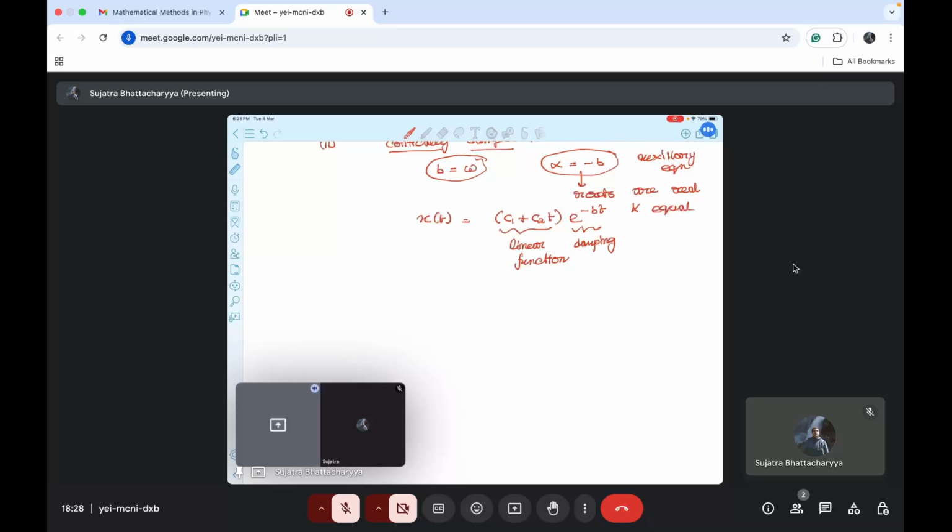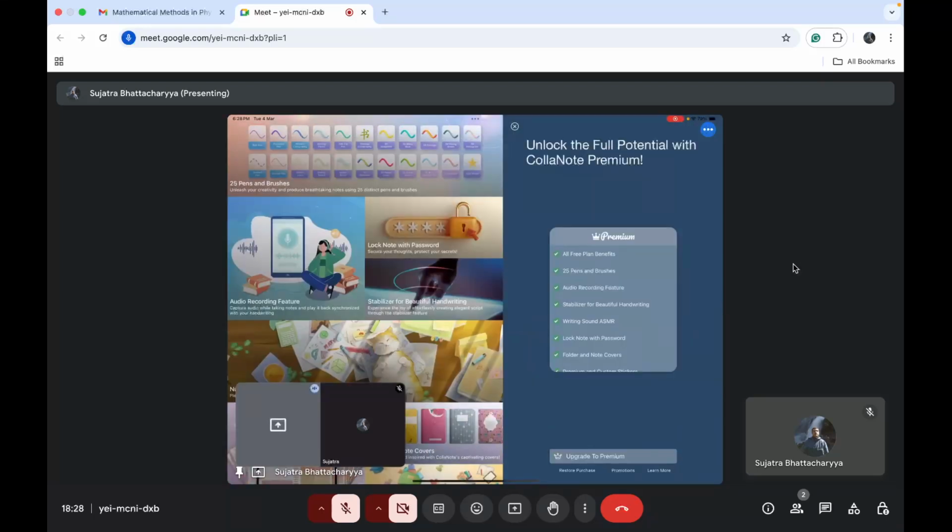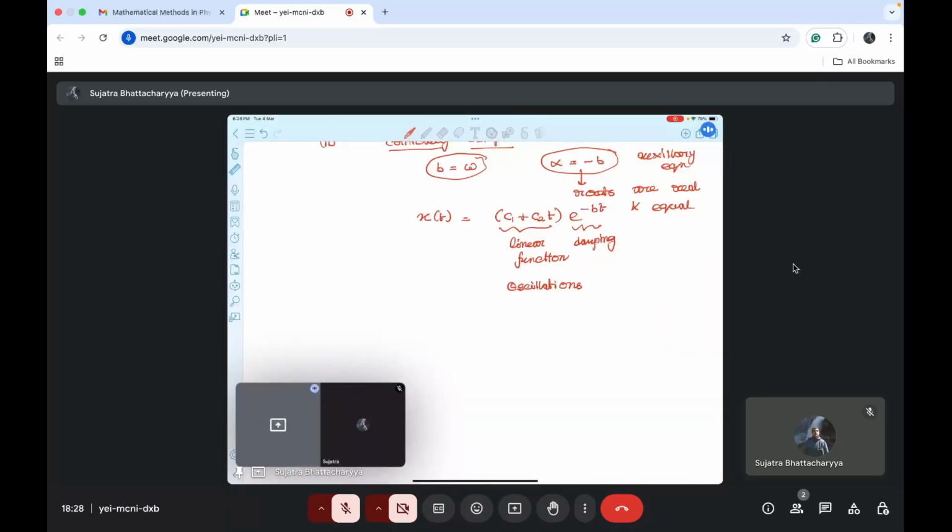Most important thing is that you have to write that the oscillations are now absent. Below this, if b is just less than omega, then there will be some kind of oscillation with damping. But here, when you put the damping coefficient exactly equal to the natural frequency omega, for the spring mass system, then the oscillations become absent.